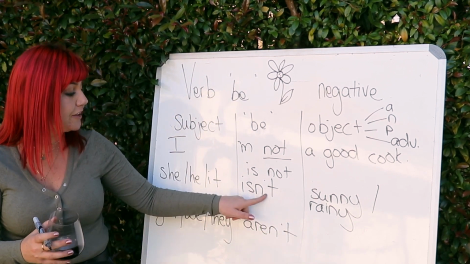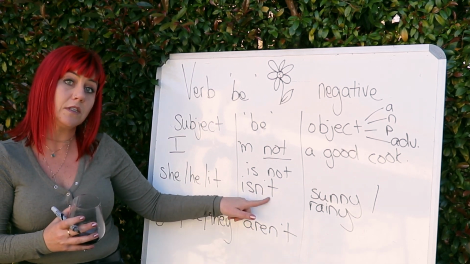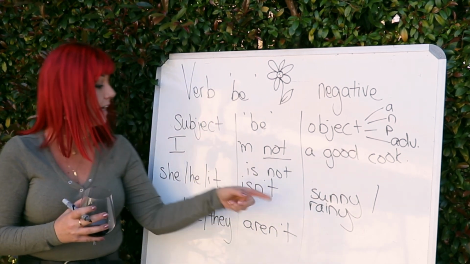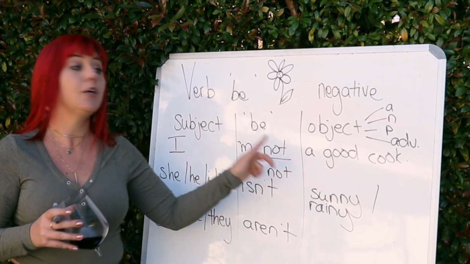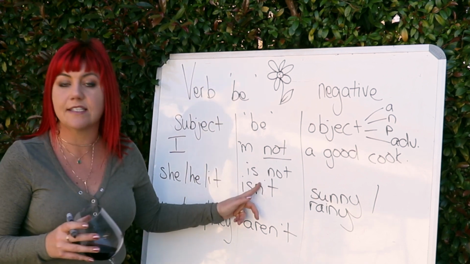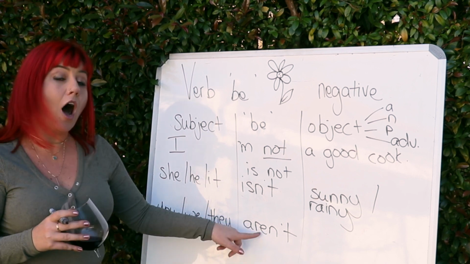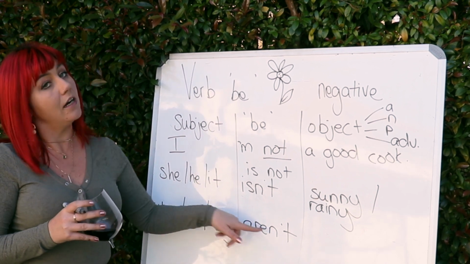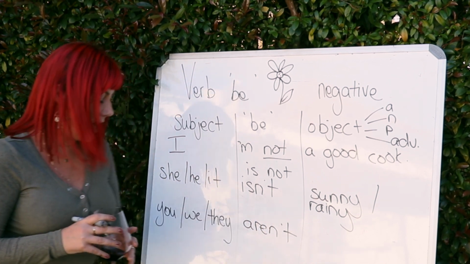So for both of them, we're taking away the last vowel and we're contracting like that. For this one, it stays the same. I'm not. He isn't. She isn't. It isn't. You aren't. We aren't. They aren't. Okay?